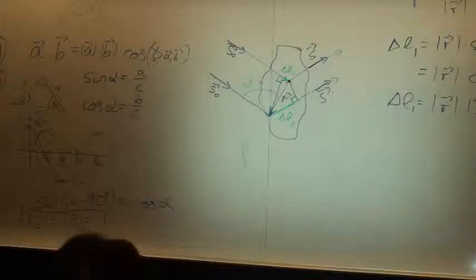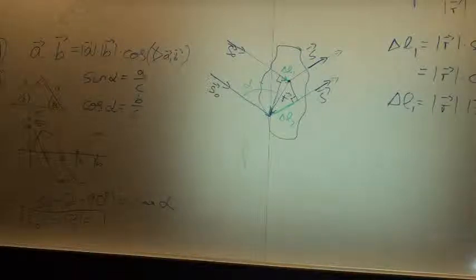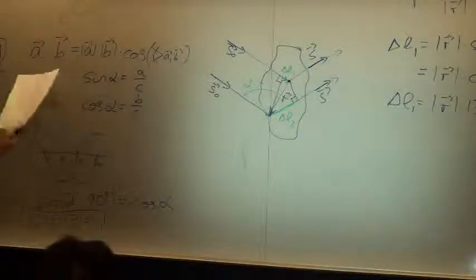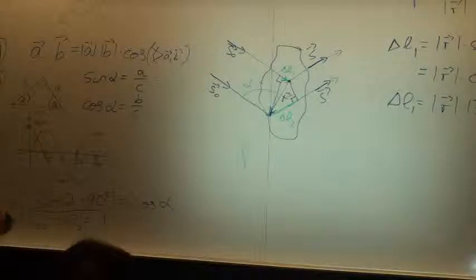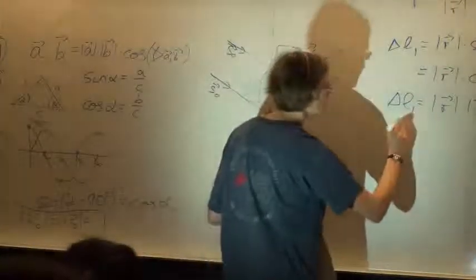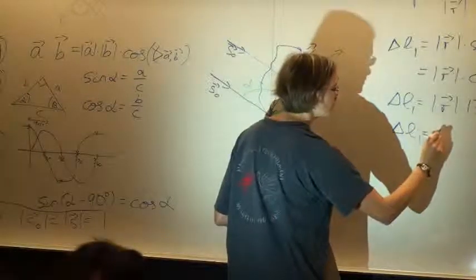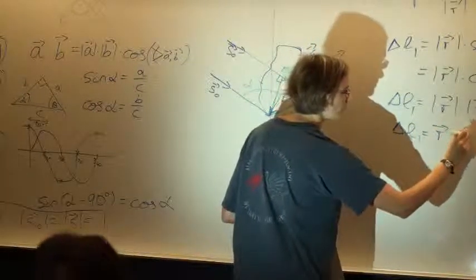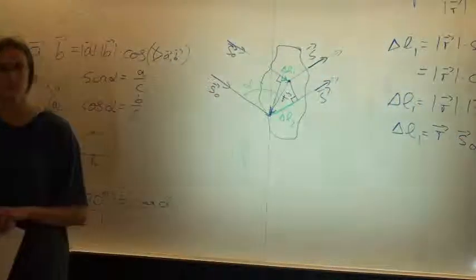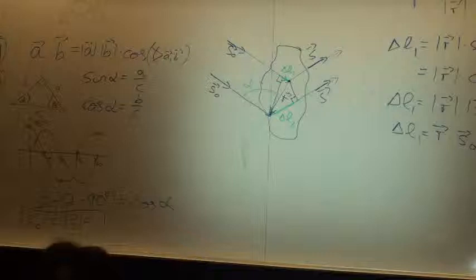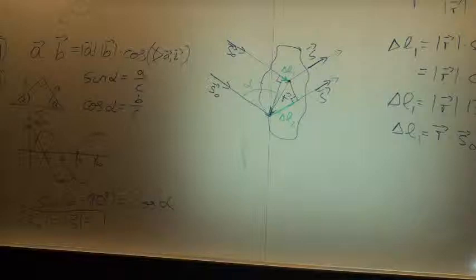Mathematically, all of this is perfectly good. Does that expression somehow look familiar? Rule 1, isn't it? So delta L1 is equal to R times S0.